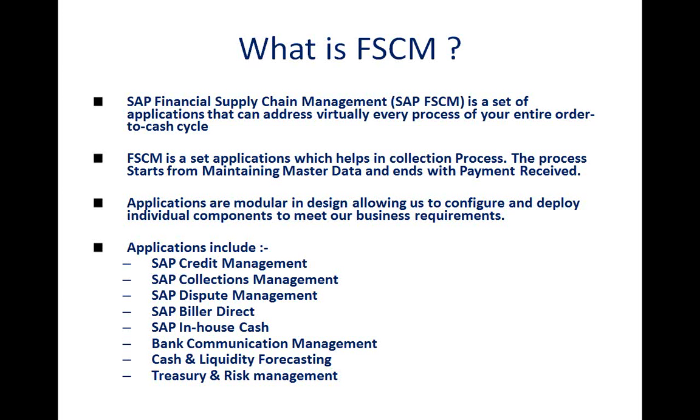Unlike that, if you have FSCM credit management, you can straight away talk to the database of Dun & Bradstreet or Payday or whatever the credit agencies, get the information and update your database, so that you can determine the credit for either an existing customer or a new customer, whatever it is.